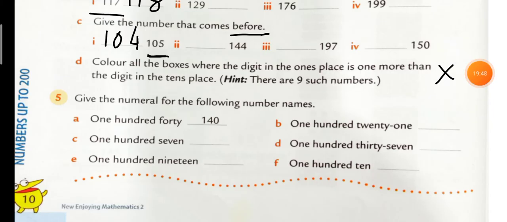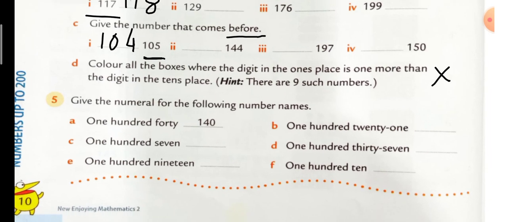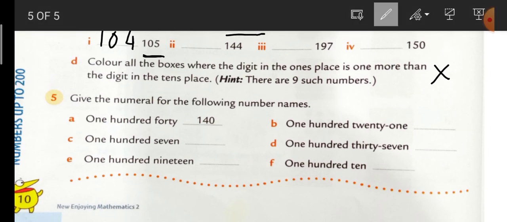Now here. Now give the numeral. Numeral means what, children? You have to write the number for the following. Okay, 140. So you have to read the spelling and write the number. 121. So I'm going to write 121. Okay, next 107. Only 7, that means there is no tens.